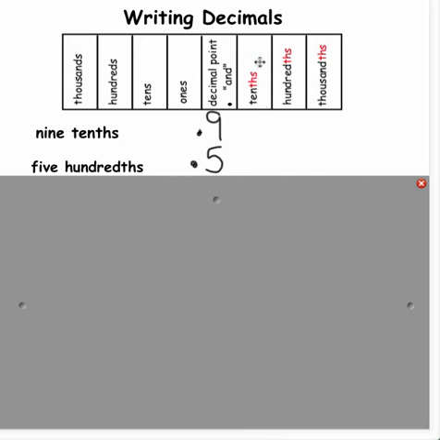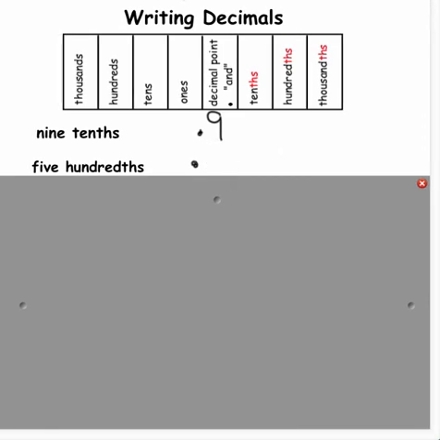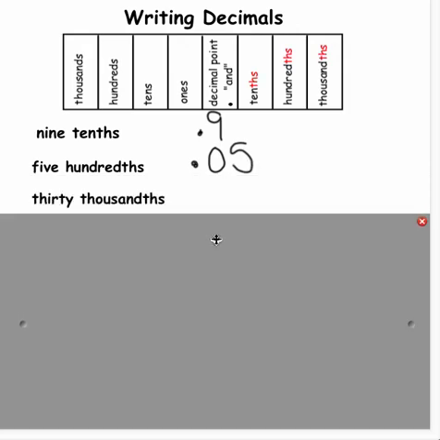No, that would be 5 tenths because one place over is for the tenths place. So I need to erase that. I don't actually have any tenths, so I need to put a 0 in that spot as a placeholder. And then I'm going to go ahead and write my 5. This time you'll notice my 5 is in the hundredths place, that second place over. So that's how I would write 5 hundredths.